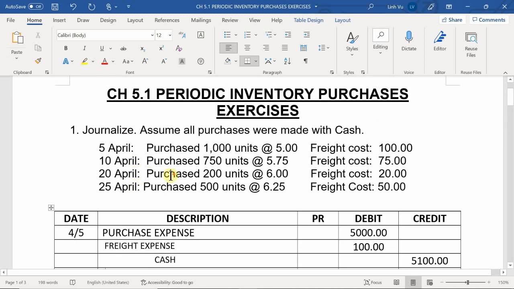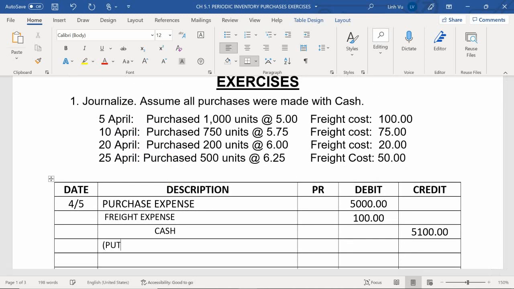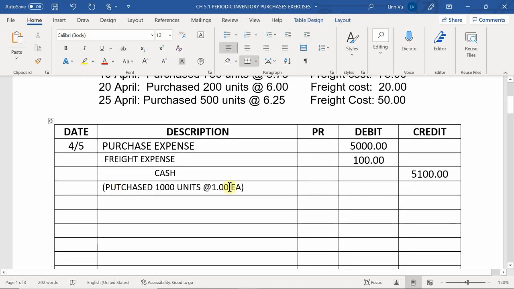But in this case, I purchased 1,000 units at $5 each. Now, this is going to become relevant, especially when we dive into chapter 5.2, which is coming up after the break. Okay. So there you go.